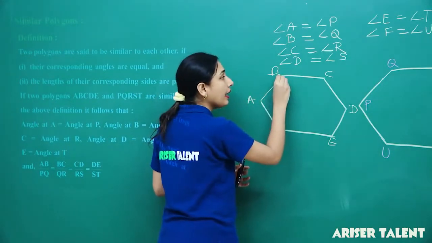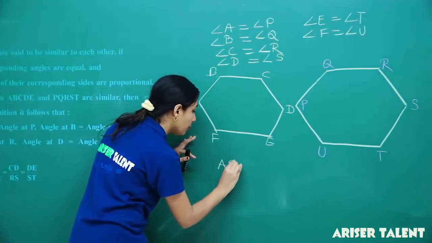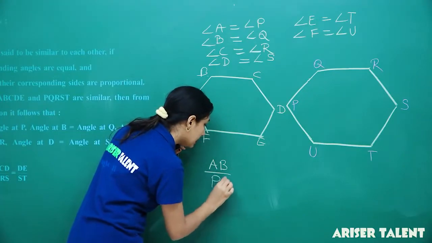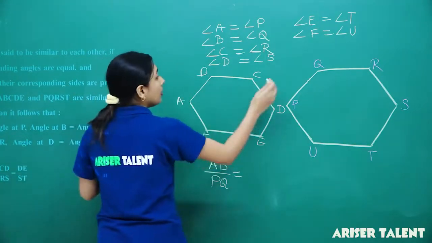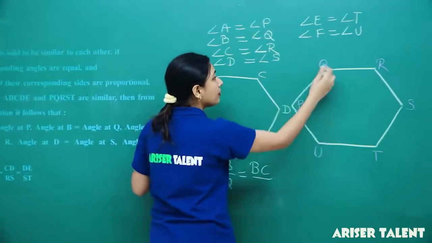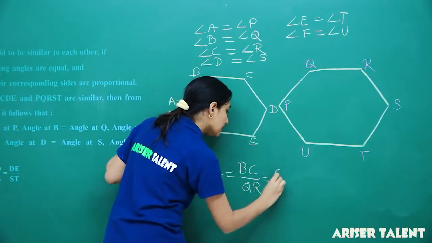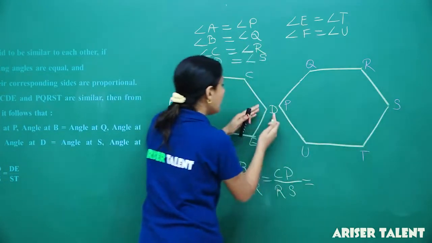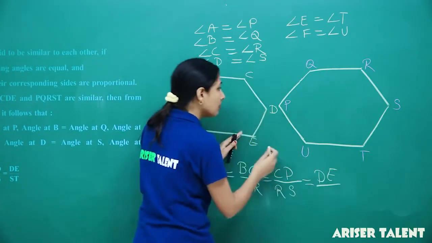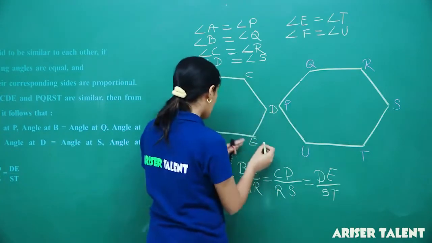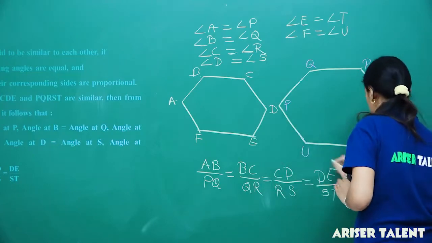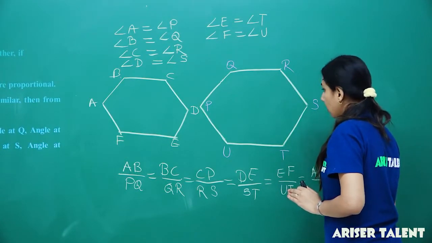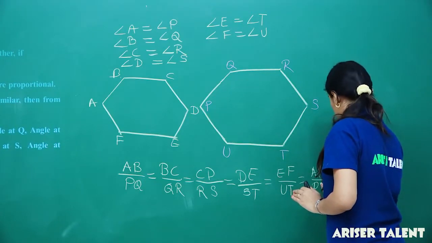So, if we take the ratio of AB with the corresponding line of the polygon PQRSTU, that will be equal to BC divided by QR, then CD upon RS, DE upon ST, EF upon TU, and AF upon PU.